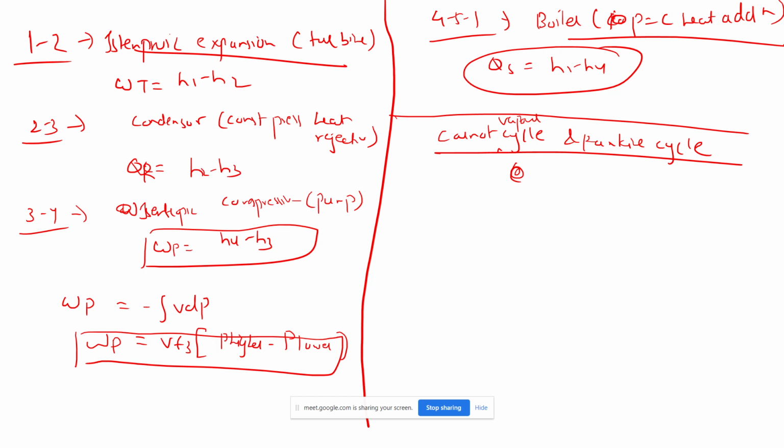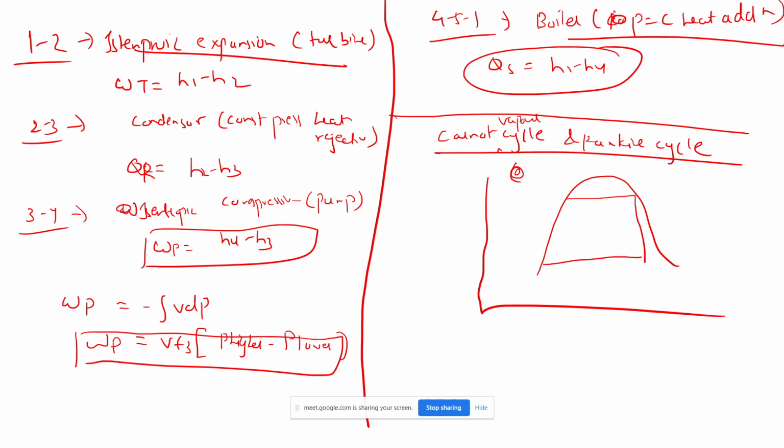Wait, I'll show you both the processes on the same diagram first. One, two, three, four, five. If we draw a dashed line here, 5 dash, then 1, 2, 5 dash, 5 will represent the Carnot cycle.